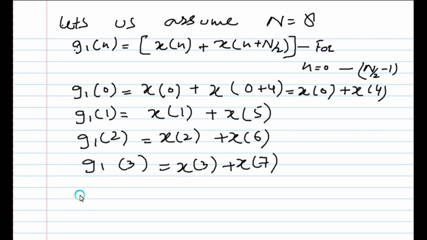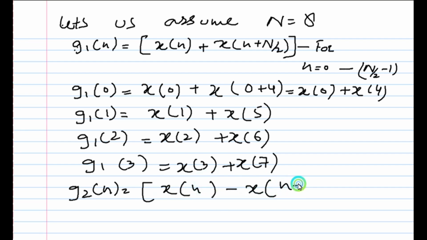Now in case of g2 of n, the equation is g2 of n equals, this is the odd sequence, x of n minus x of n plus N by 2, whole multiplied by W_N raised to power n. Right. So we will substitute n equal to 0, 1, 2 and 3.